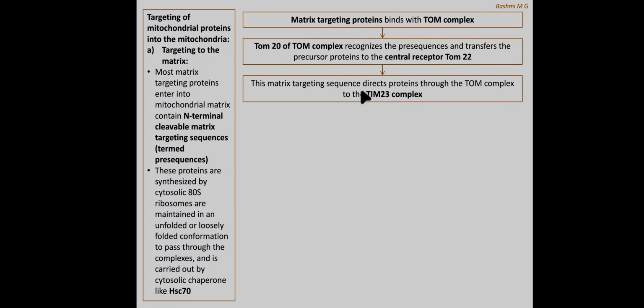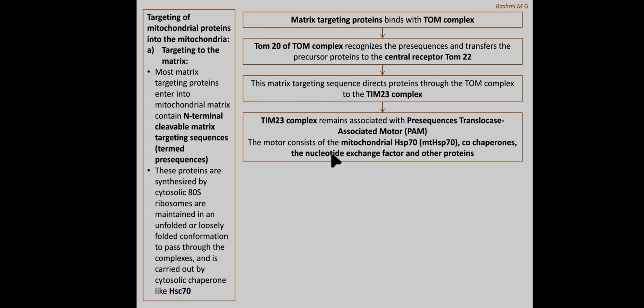This matrix targeting sequence directs the protein through the TOM complex to the TIM23 complex. The TIM23 complex is associated with PAM. What does this PAM have? PAM has mitochondrial HSP70, co-chaperone, nucleotide exchange factor, and other proteins.